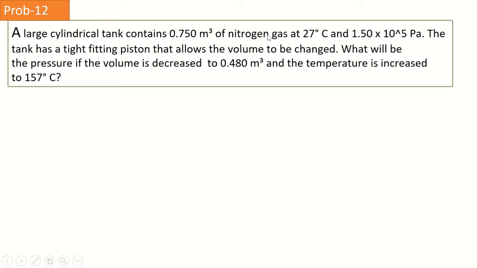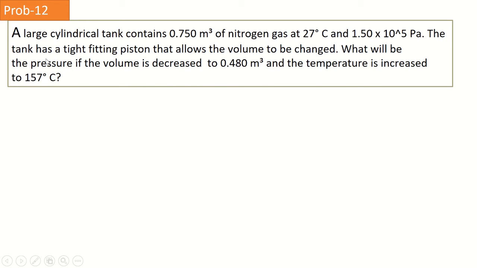Problem number 12. A large cylinder tank contains 0.750 meter cube of nitrogen gas at 27 degrees centigrade and 1.50 into 10 to the power 5 Pascal. This information is given about the gas.